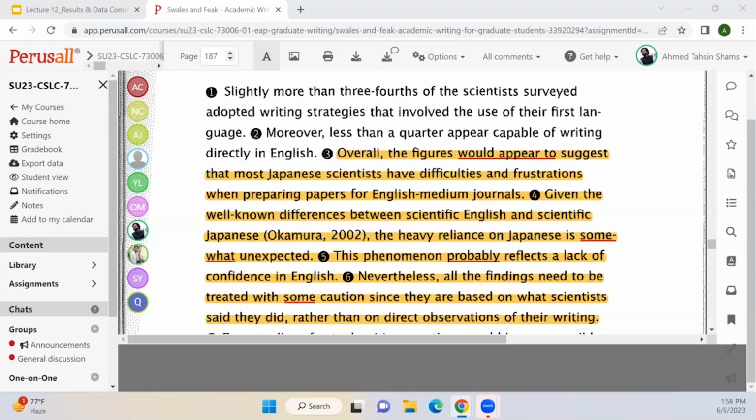Qualified. Perfect. Thank you, Lim and Billy. It's limitation. Limitation of the data. These findings call for some caution since they're based on what scientists found. It's talking about the limitation of the data. 7, very easy.